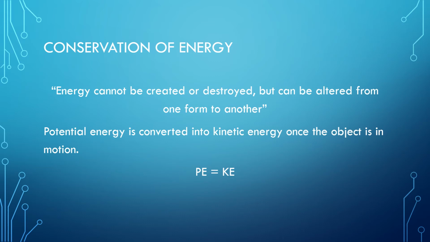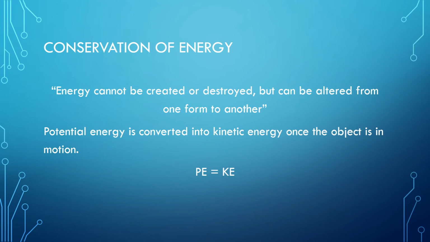So let's look now at the conservation of energy. Energy cannot be created or destroyed, but can be altered from one form to another. An example of this is potential energy being converted into kinetic energy once the object's in motion.